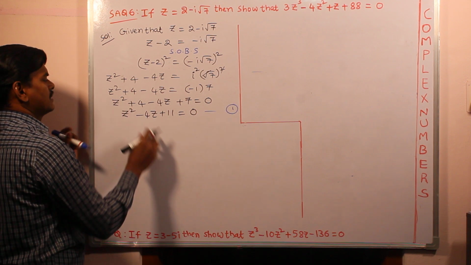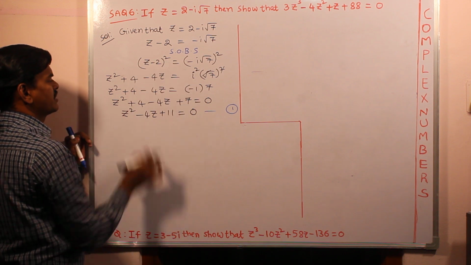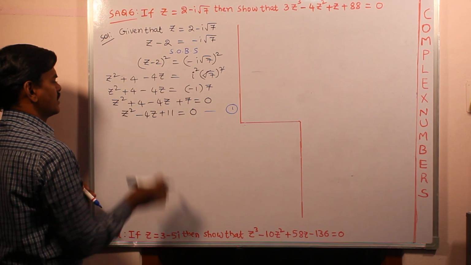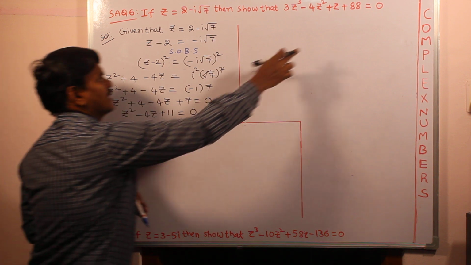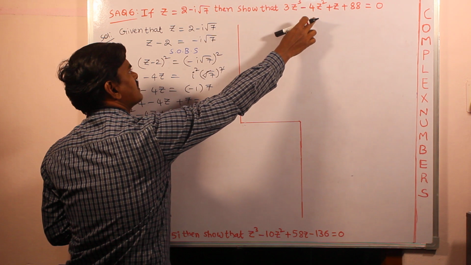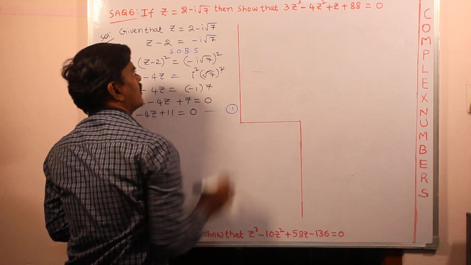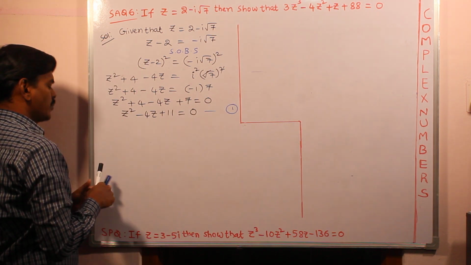As we discussed, we wanted to create a quadratic equation, so we got a quadratic equation. The LHS expression here is a quadratic polynomial, while the LHS expression in the required proof is a cubic polynomial. Now we have to go for the dividing process.